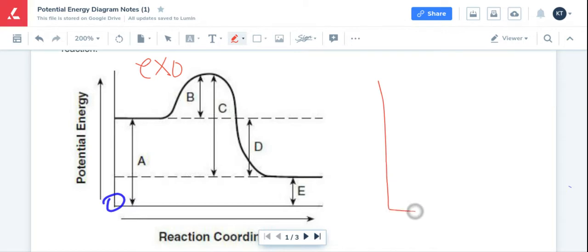And if we were to just do a rough sketch of an endothermic diagram, it would look something like this, where the energy of the products is greater than the energy of the reactants, meaning that overall energy is absorbed.